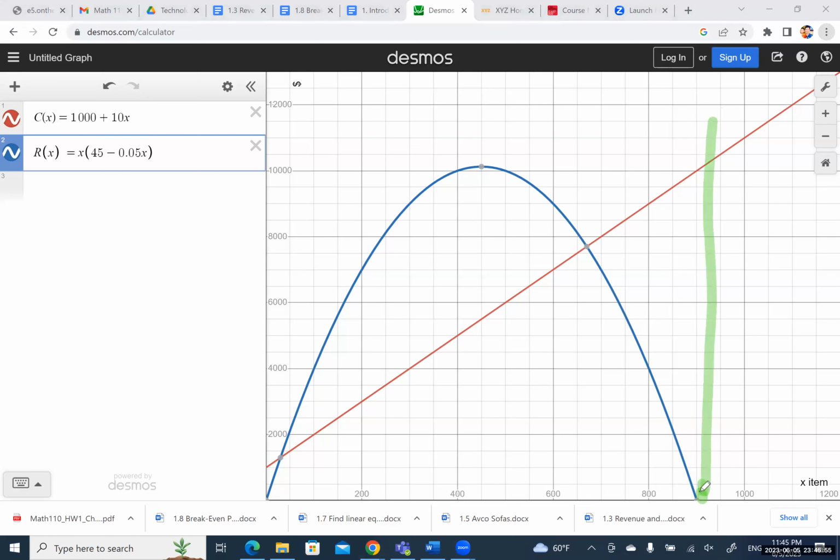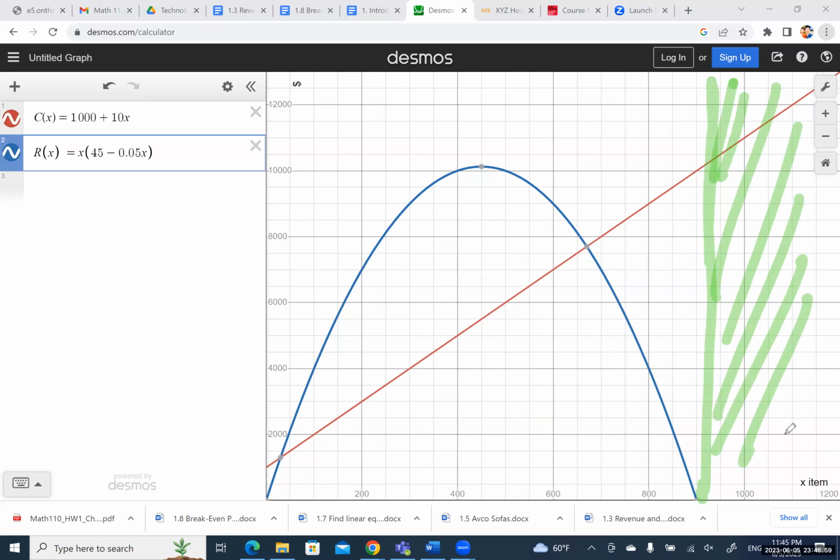Do you need this one? No, right? You don't really need this one. The reason was after x values equal to say 900, right?